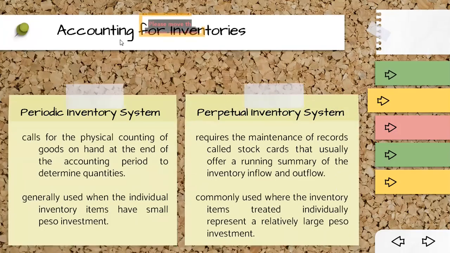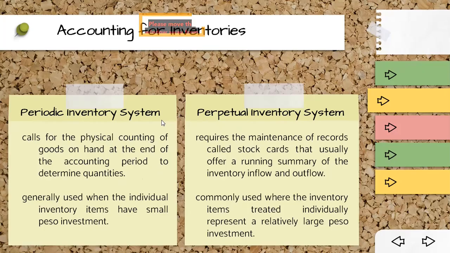So, let's proceed to accounting for inventories. This is also a review of your basic accounting because, as you know, there are two methods of accounting your inventory. One is using the periodic inventory system and the other one is the perpetual inventory system. Periodic inventory system calls for the physical counting of goods on hand at the end of the accounting period to determine quantities.